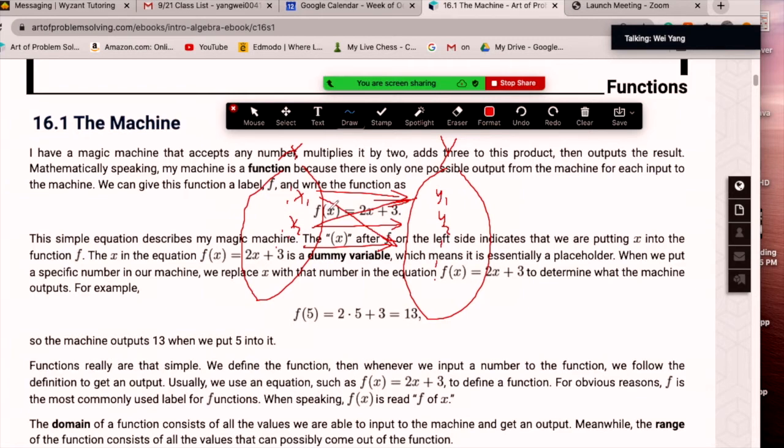Like when you go to the supermarket, you try to buy something. If for each item they show you two different prices, how much you need to pay, right?